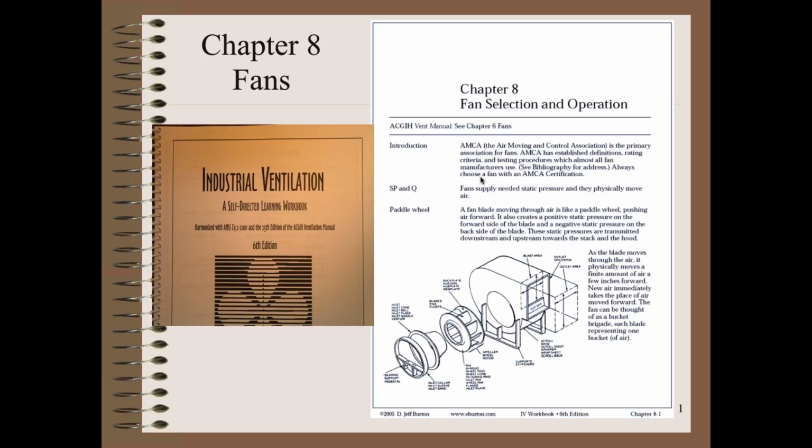So this fan is moving air at a certain quantity, a certain rate. And as these buckets move, they develop a negative pressure on one side of the fan and a positive pressure on the other side. Our negative pressure is governed by what we need the fan to accomplish, right?